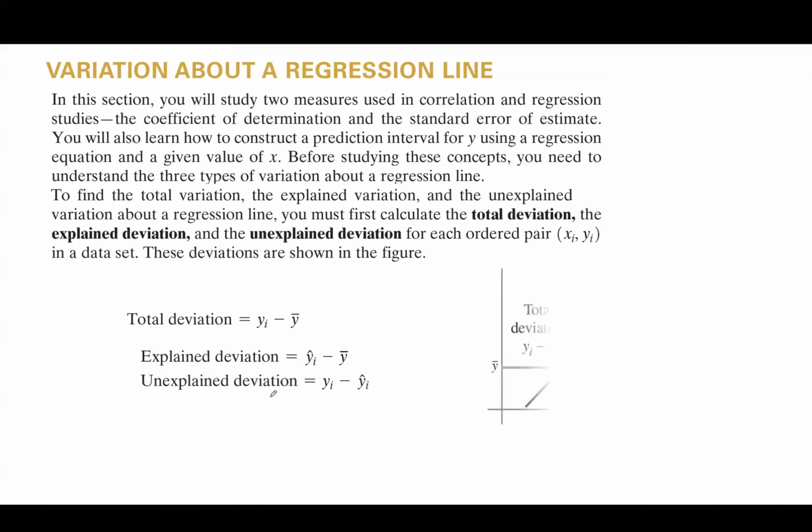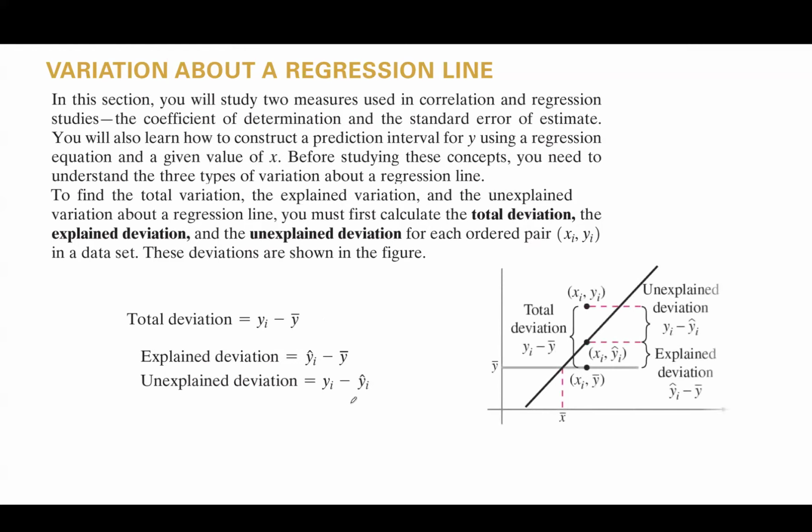And the total deviation is the summation of the unexplained deviation and explained deviation. If you add these two together, the negative yi hat and positive yi hat disappear, so you get yi minus y bar.